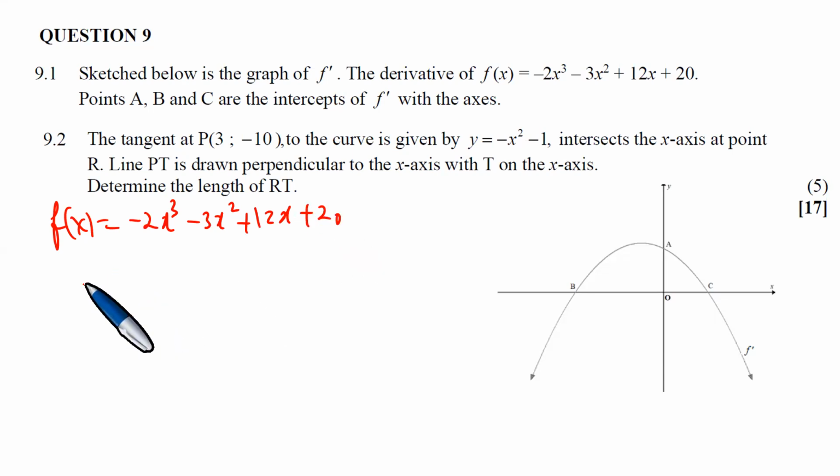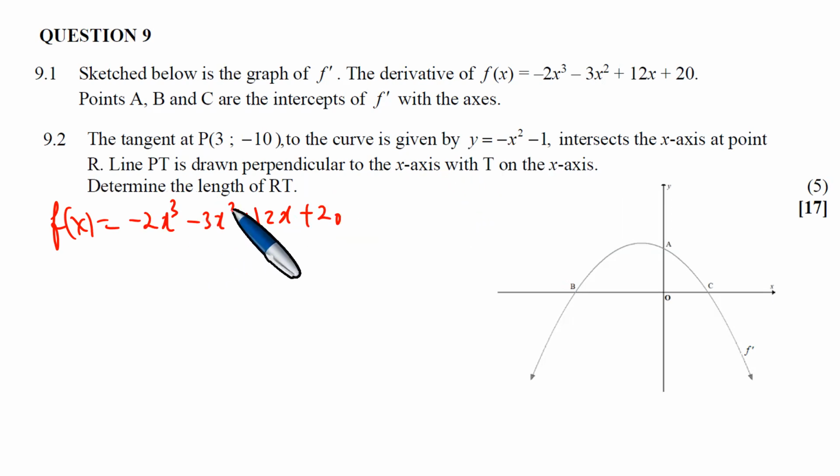Now you find the derivative of this because you are looking at the tangent at any point. The tangent at P to the curve is given by this. It intersects the x-axis at R. The line PT is drawn perpendicular to the x-axis with P on the x-axis.